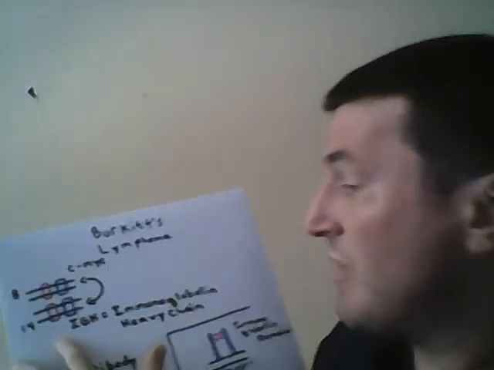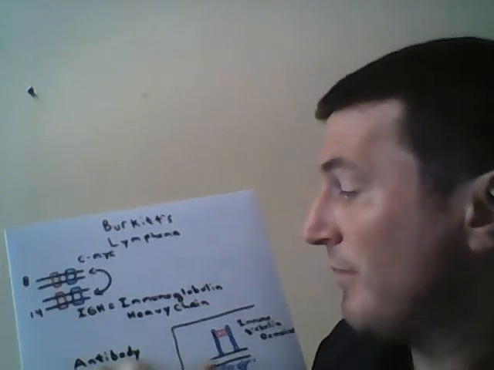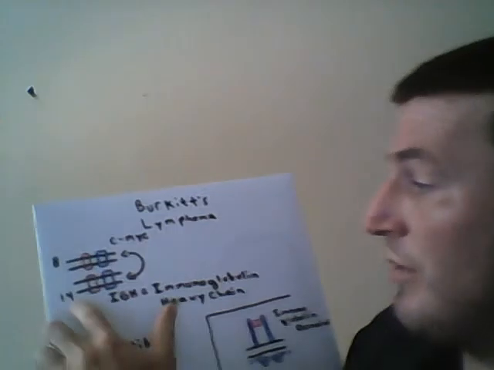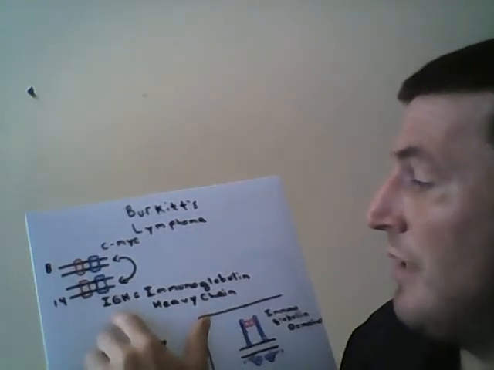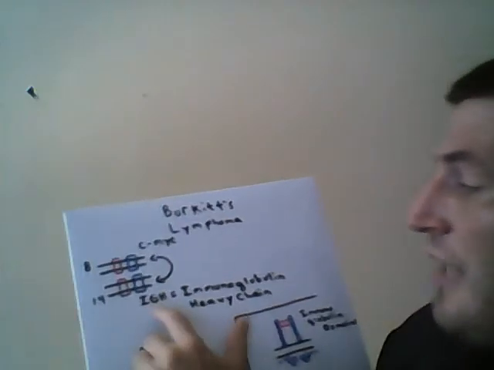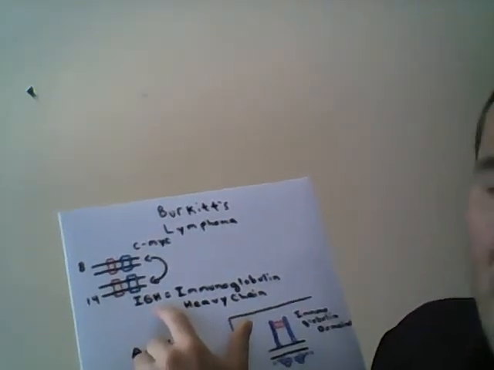Down here, since these are B cells, they're white blood cells, one of their jobs is to make the antibodies. And right here on chromatin 14, this is an allele called IgH, or immunoglobulin heavy chain.